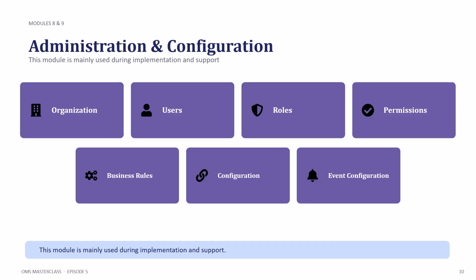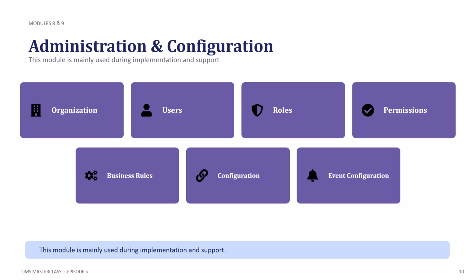This is the module where the application is actually tailored to match a company's business requirements. Most techno-functional consultants, administrators, and implementation teams spend a lot of time here because this is where the real business logic gets configured.